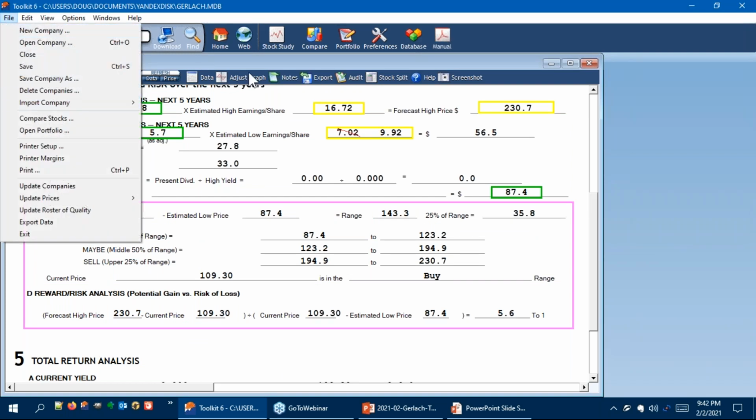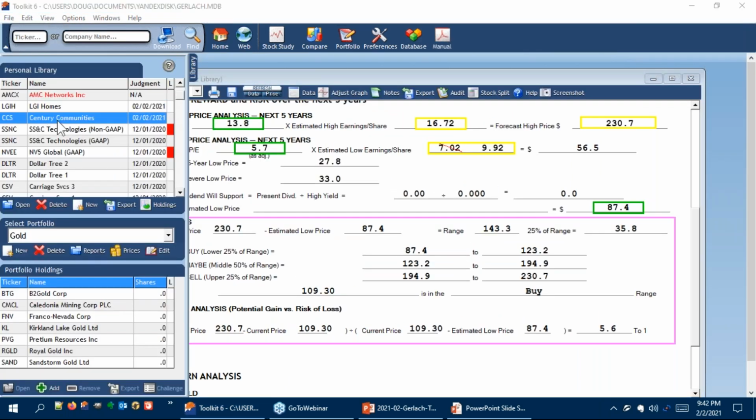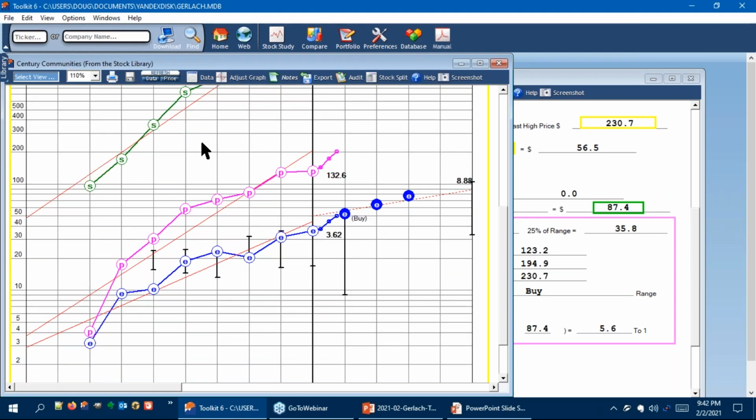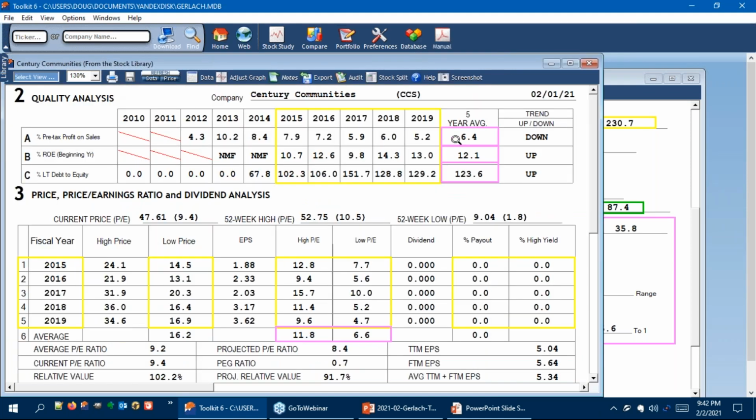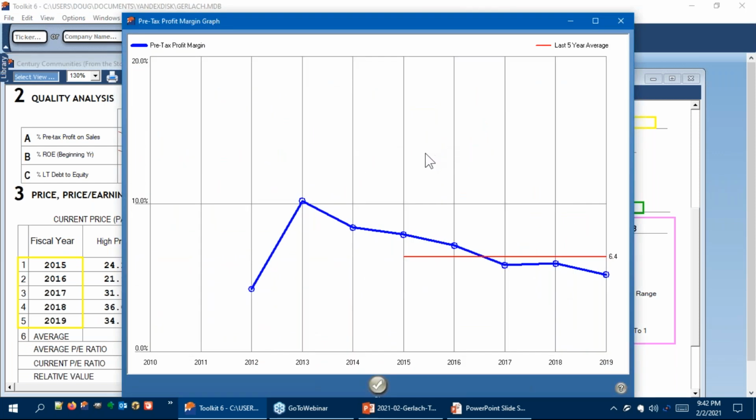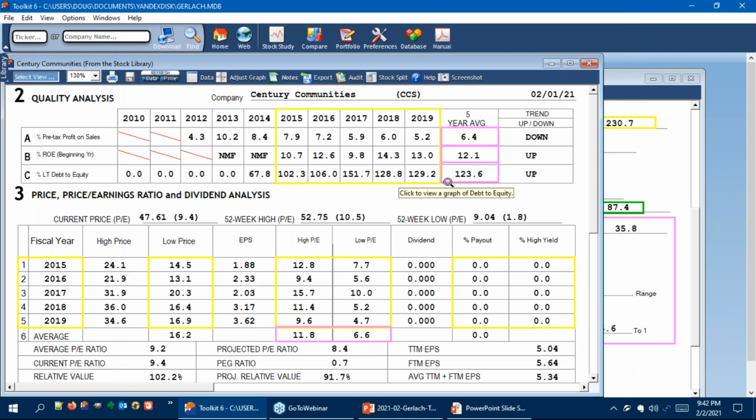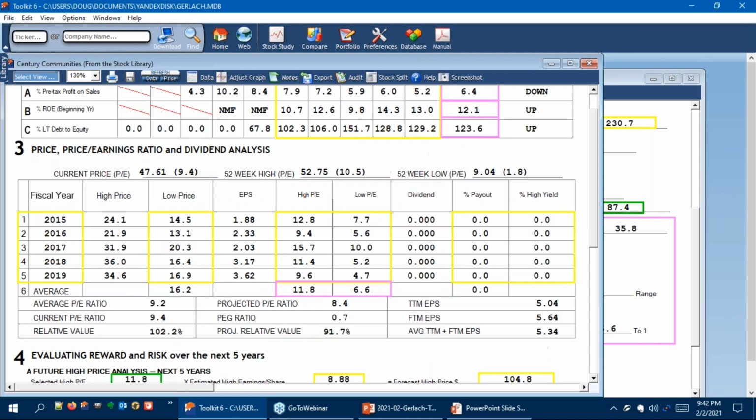So now let's go ahead and open up Century Communities. Again, very similar growth footprint, slightly higher growth rate. Trend has been coming down a little bit for Century Communities. The margins are much lower, which is interesting. Debt is a little bit higher as well, as they've taken a different strategy about locking in land, and debt to equity has been coming down for Century Communities as they have been slowing the purchasing of land and instead buying options to purchase at a later date, which helps them manage their debt to equity a little bit.